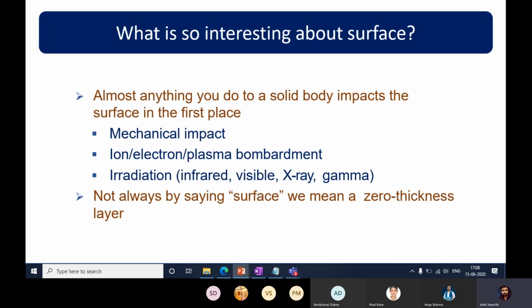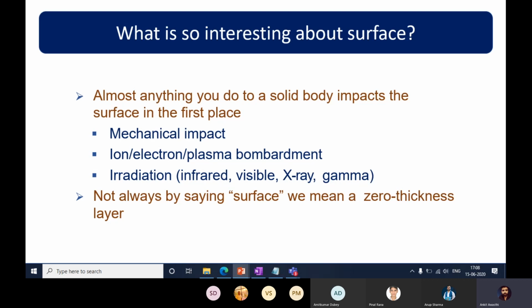When any impact happens to the material, the first contact happens on the top surface only, and from that surface we try to get an idea about what actually happened to our sample. So that's why it is very important to get an idea about the surface.